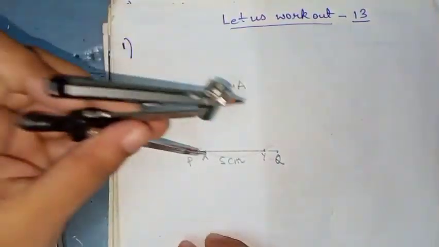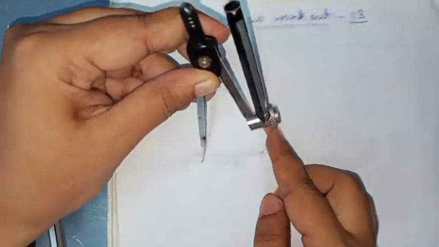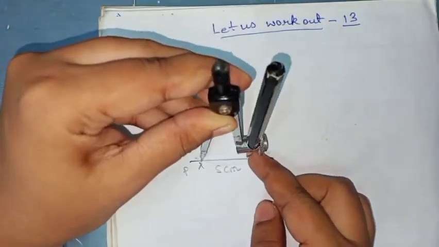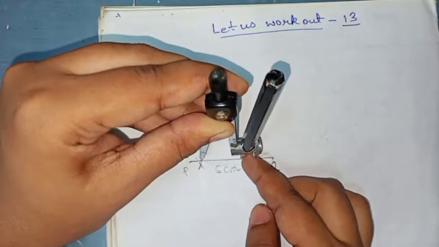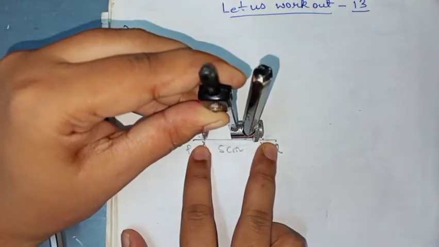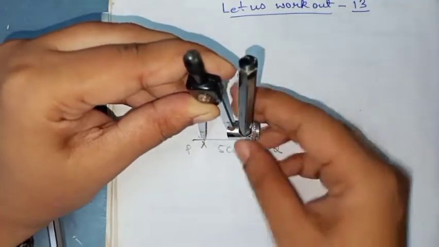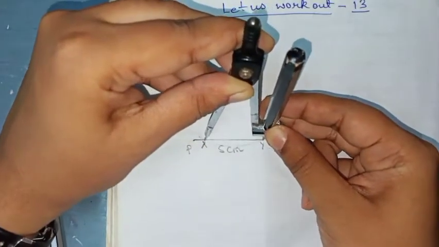Now from these intersection points, XY is your intersection, so you will take more than half of XY. I don't know what the measurement of XY is. I am taking more than half of XY.